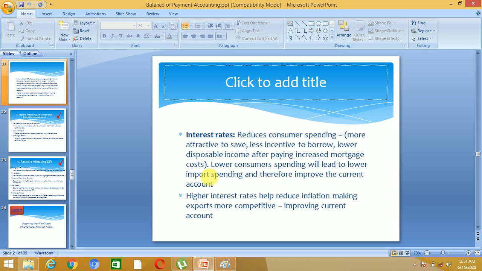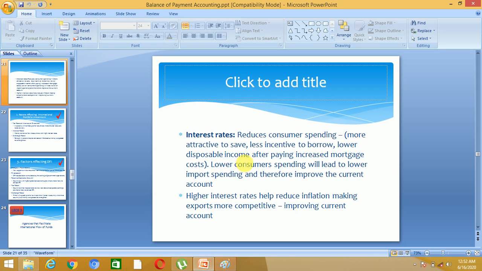Interest rates. The next factor that is affecting international trade flow is interest rate. It reduces consumer spending. If interest rate increases, people will save more. It is more attractive to save, with less incentive to borrow. People will not take loans from the bank.